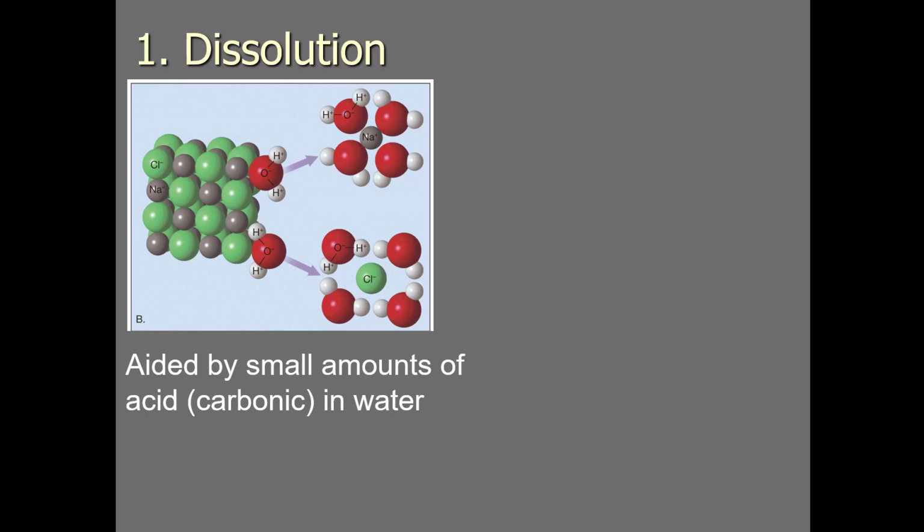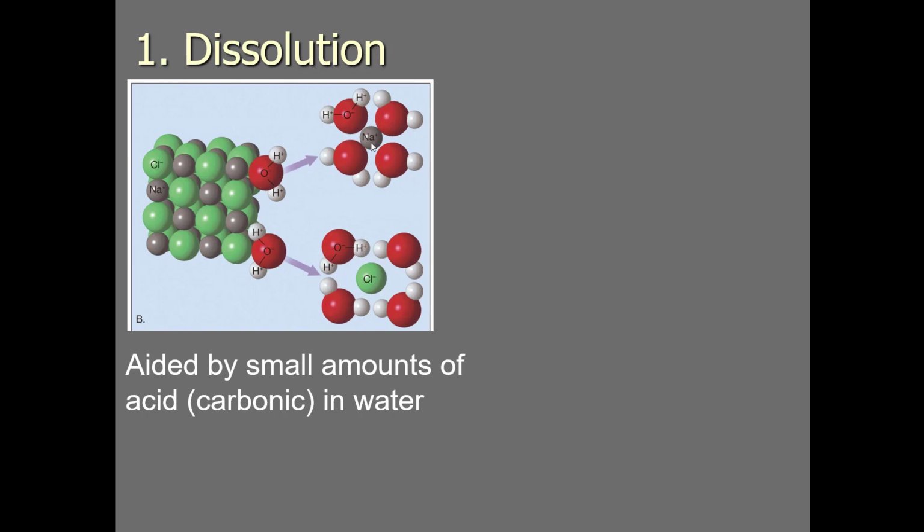So when salt dissolves in water, what really is happening is the sodium ion here, which is positively charged, gets surrounded pretty much on all sides by negatively charged oxygen atoms. And conversely, the chloride ion, which is negatively charged, gets surrounded by positively charged hydrogen atoms.